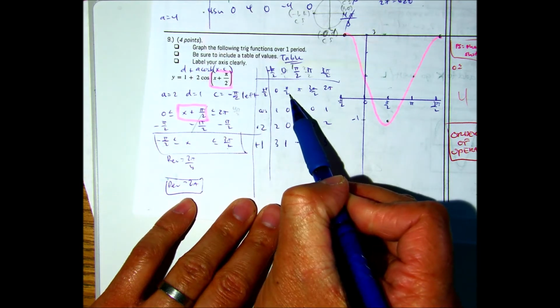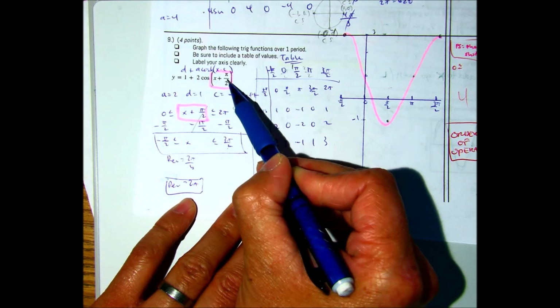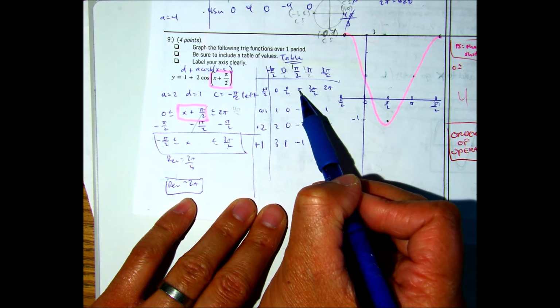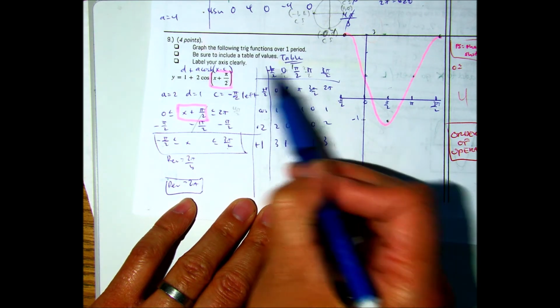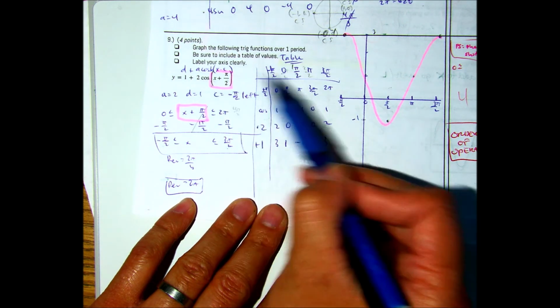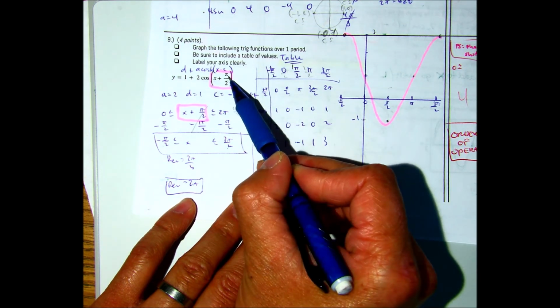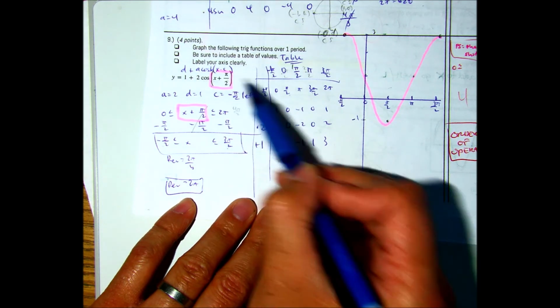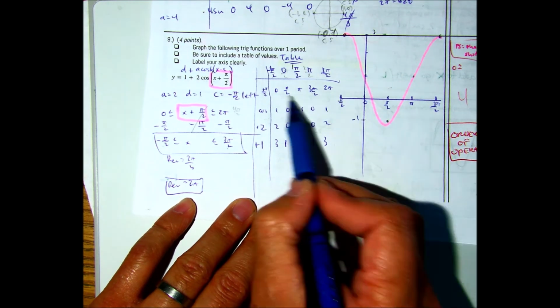Pi over 2 plus pi over 2 gives me 2 pi over 2, which reduces to 1 pi, or just pi. 2 pi over 2 plus 1 pi over 2 gives you 3 pi over 2. And 3 pi over 2 plus pi over 2 gives me 4 pi over 2, which is 2 pi. And then you'll recognize there's my golden row.